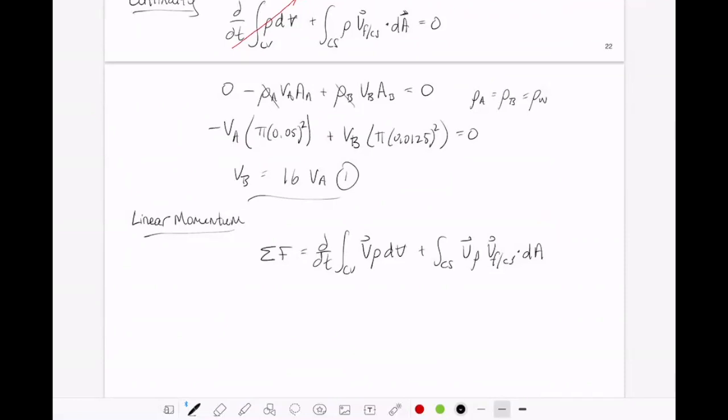So how can we simplify this analysis? This force is also a vector. We said that the flow is steady, so there's no local change in momentum. So the first term is just 0.